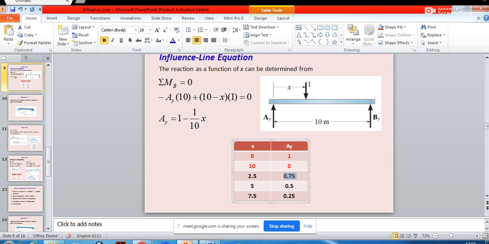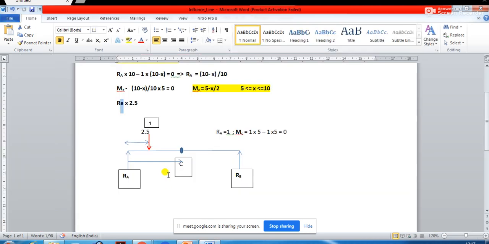So if you see, it is very simple. RA into this distance is how much? From A to B the distance is 10. So RA into 10 is equal to 1, the load is 1, multiplied by what is this distance?